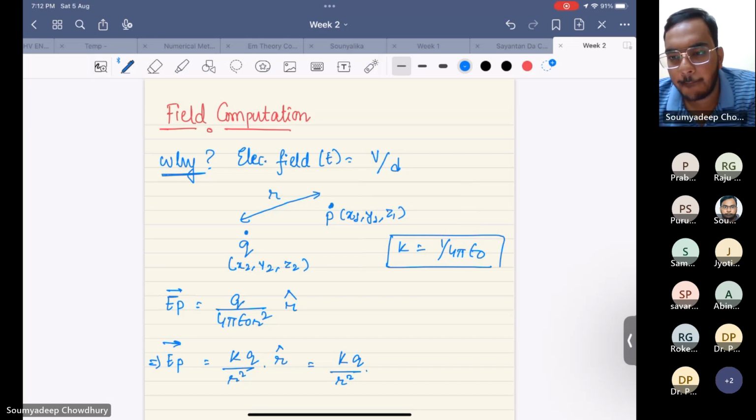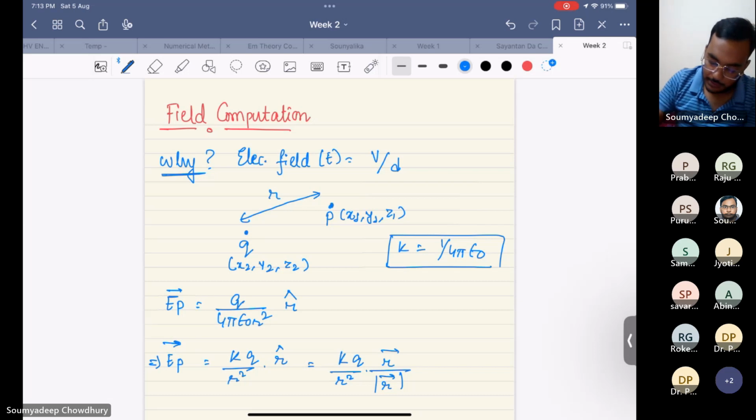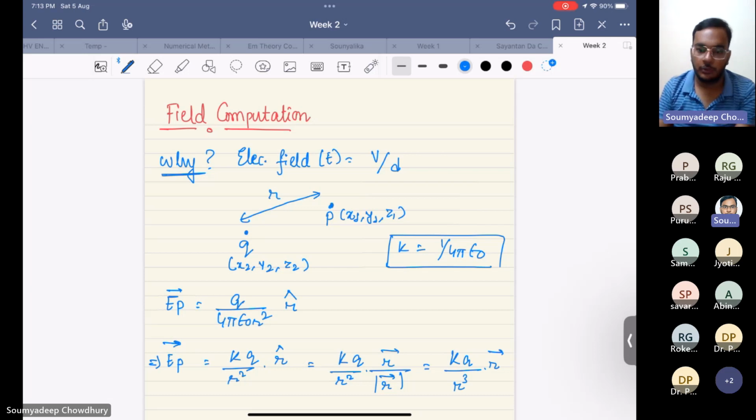Samir? Sir, I don't remember it, sir. Okay. All of you are BTech students, right? Basically we write it as R vector by magnitude of R vector, right? So if we simplify it, what will come? KQ by R cube into the R vector, right?